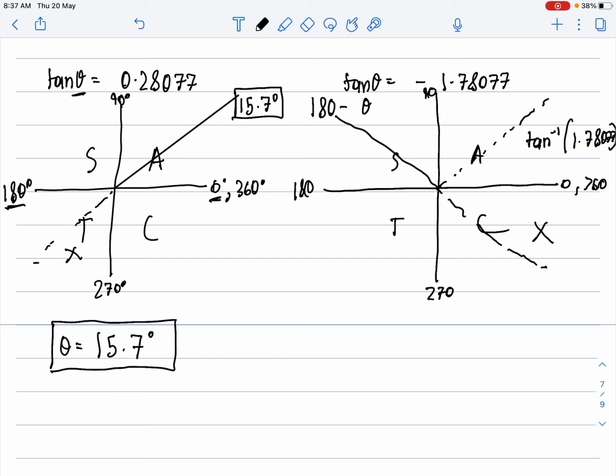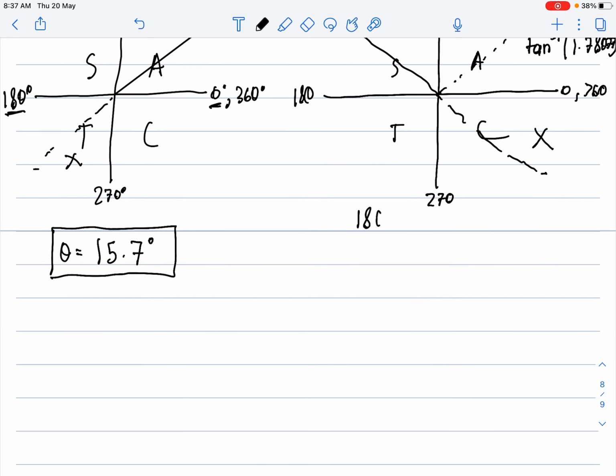So when I do this, I get my answer basically as 60.7 degrees. So I simply do 180 minus 60.7 degrees. So the value I get when I do this is simply theta equals to 119.3 degrees, which is basically these two are my final answers of my question.